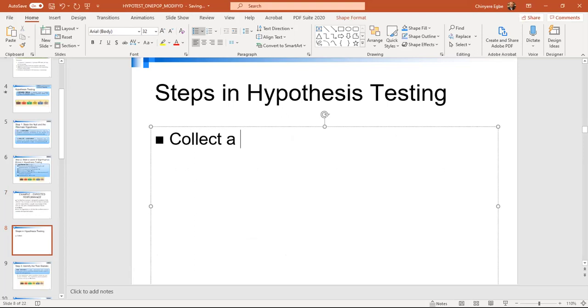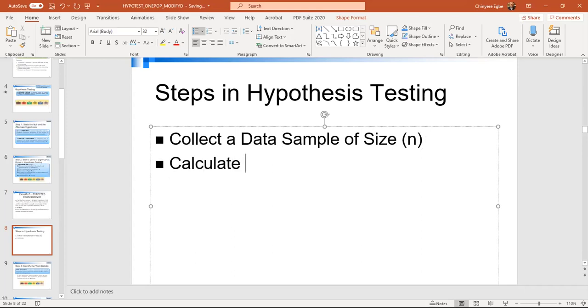Collect a sample of size n. The sample, let us say a data sample, so that we know what we're talking about. Size n. Calculate the sample mean. The sample mean is X bar.